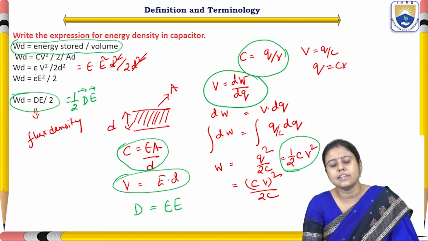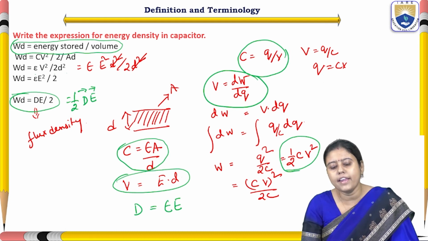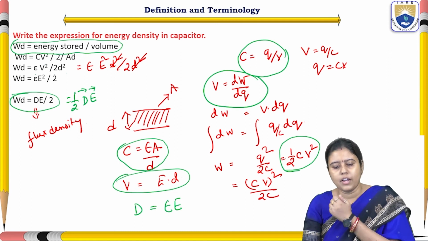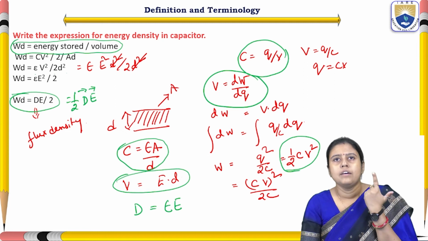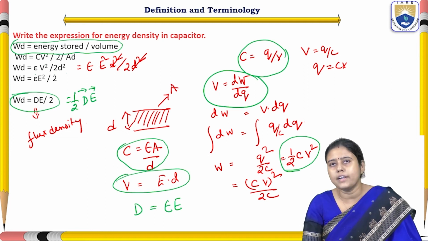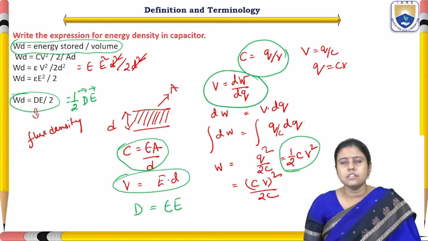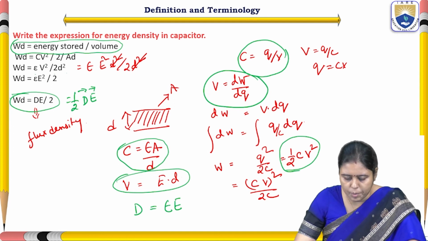They may ask you to calculate the energy density from any of these formulas, whether half CV squared or half DE, but many questions will come from this topic. So we are moving to our next topic.